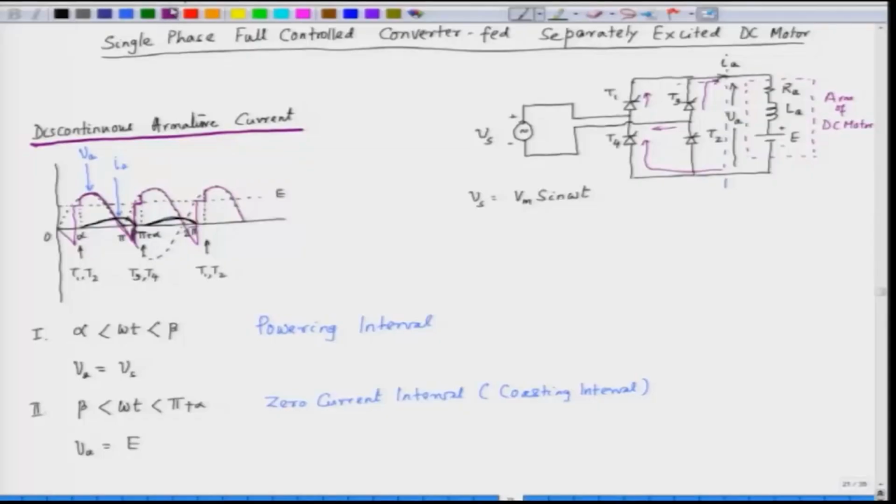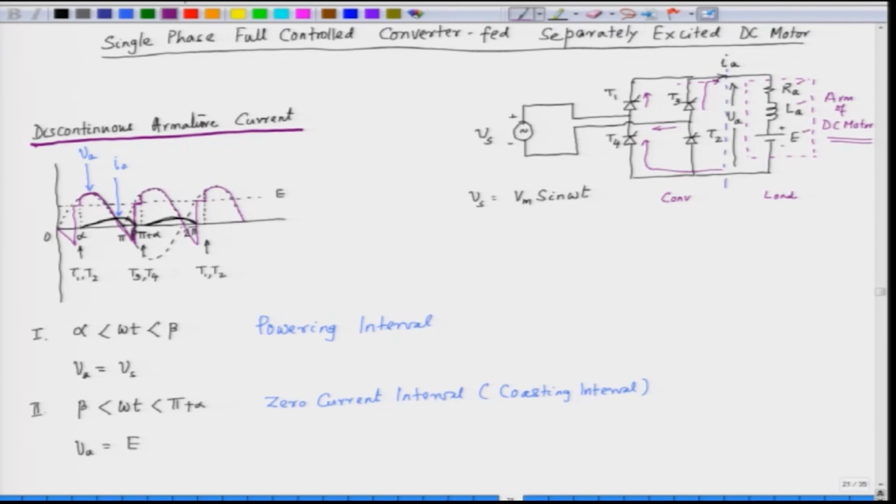Here the converter is a single phase converter and this is the load, which is a DC motor. The DC motor is represented by the armature resistance, the armature inductance and the back EMF.